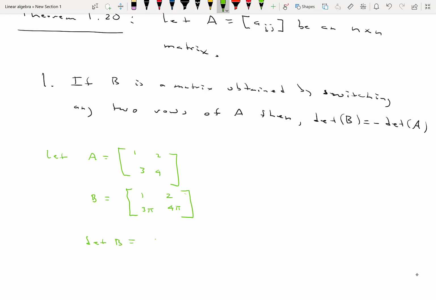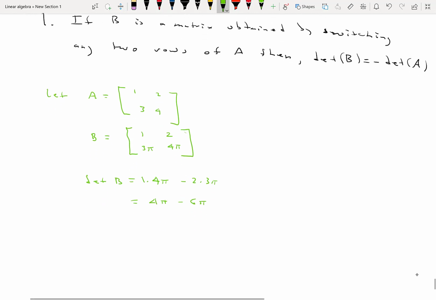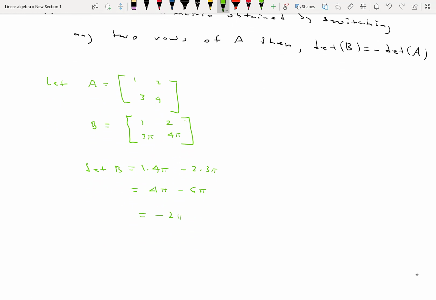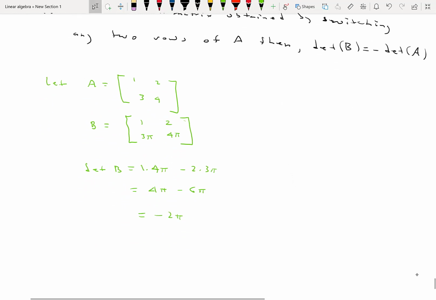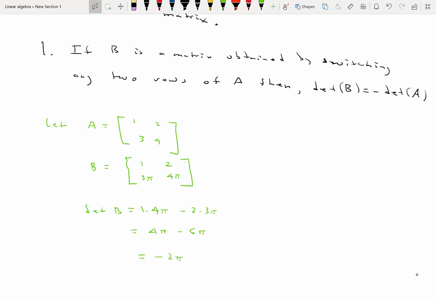The determinant of B is 1 times 4 pi minus 2 times 3 pi, or 4 pi minus 6 pi, which is negative 2 pi. Well, we already know the determinant of A. We've seen it a few times. We can look at it again. The determinant of A is 1 times 4 minus 2 times 3, which is 4 take away 6, which is negative 2.